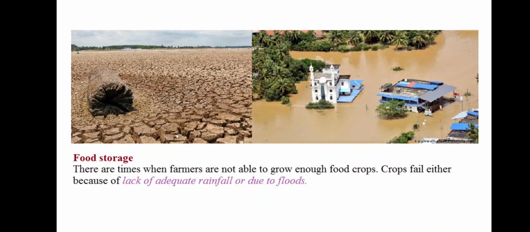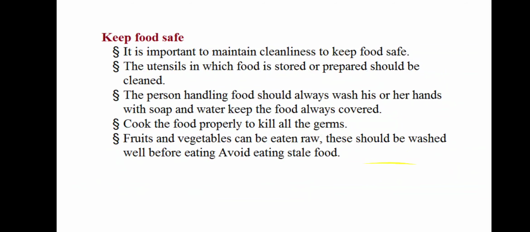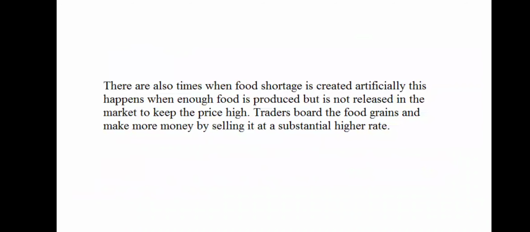Then we saw the different types of food in different places. Then we saw how they're storing the food, why we need to store food, and why shortage is created. So this chapter has come to an end, and I hope you all understood.